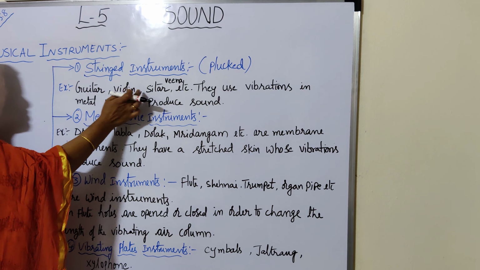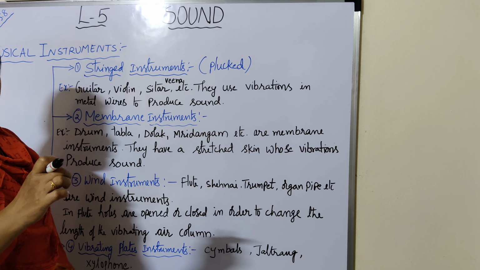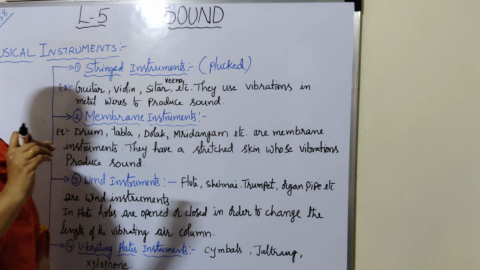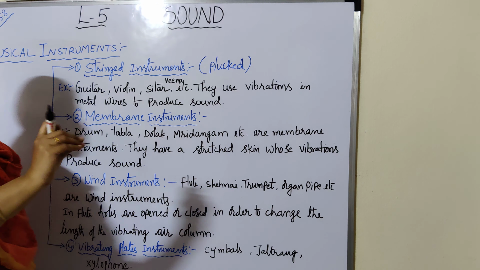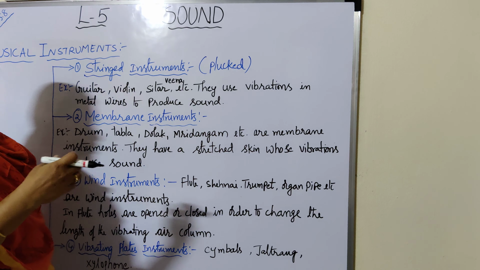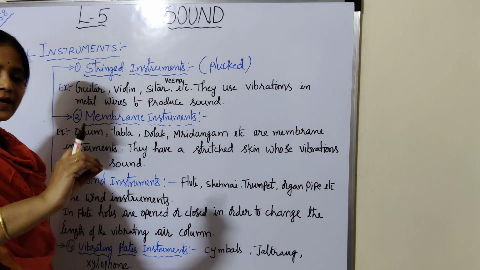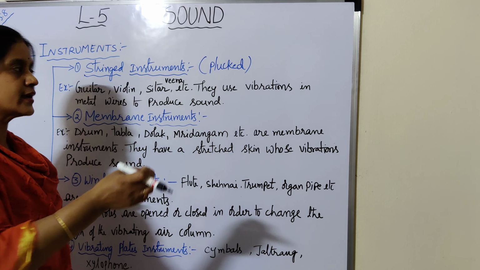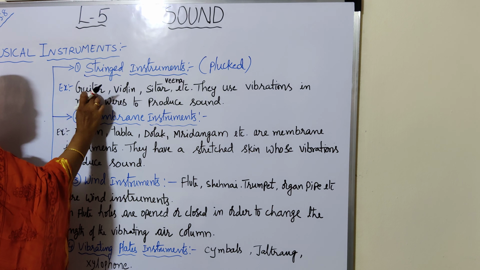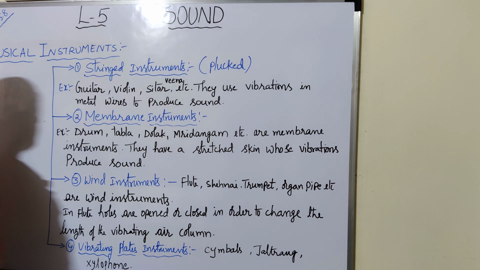In them, strings are fixed, and we have a key to loosen and tighten the strings. Whatever pitch we want, we can loosen or tighten the strings in these instruments.